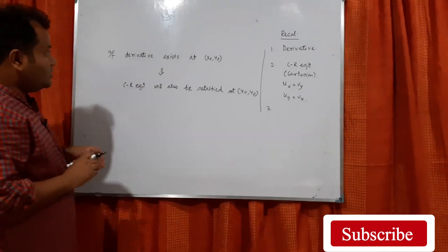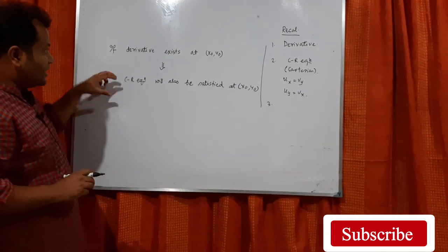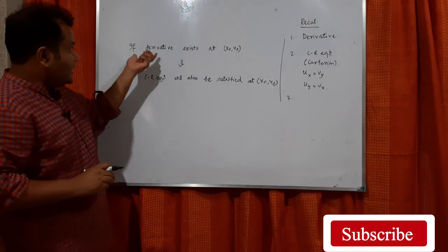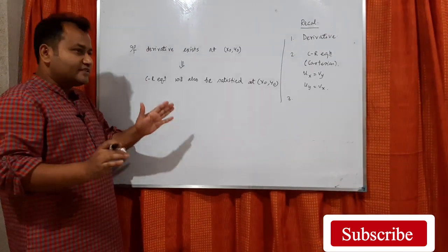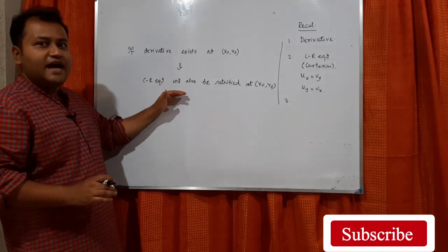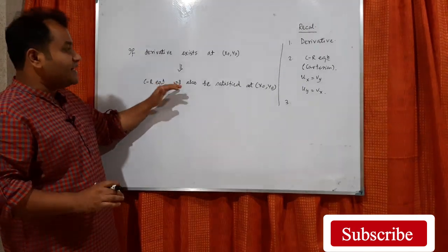So that means if the derivative exists at some point, then obviously the CR equation will be satisfied at that point.